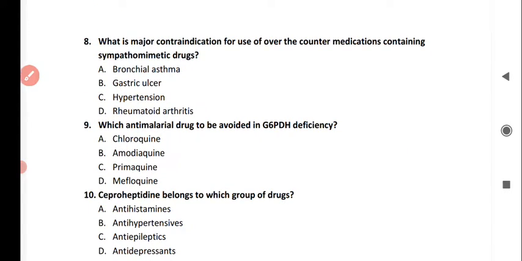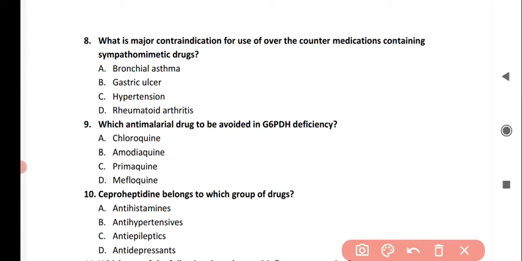The next question is, what is the major contraindication for use of over-the-counter medications containing sympathomimetic drugs? We have to find out the contraindication in which sympathomimetic drugs should not be given. Firstly, I'll tell you what sympathomimetic drugs do.